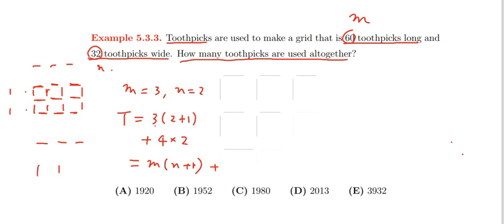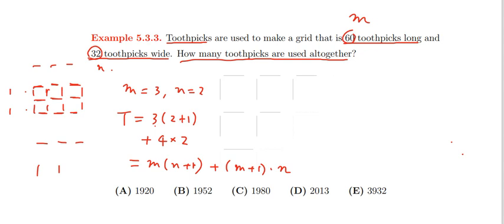So vertical, we need 4, and this 4 is M plus 1, right? 3 plus 1. So (M plus 1) multiplied by N.